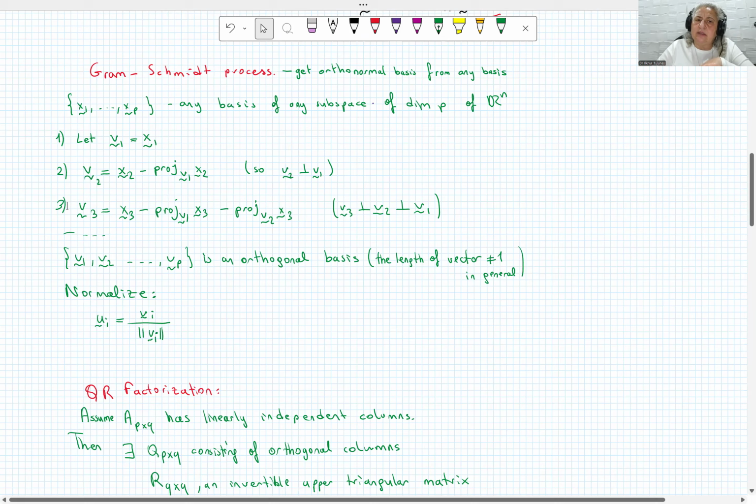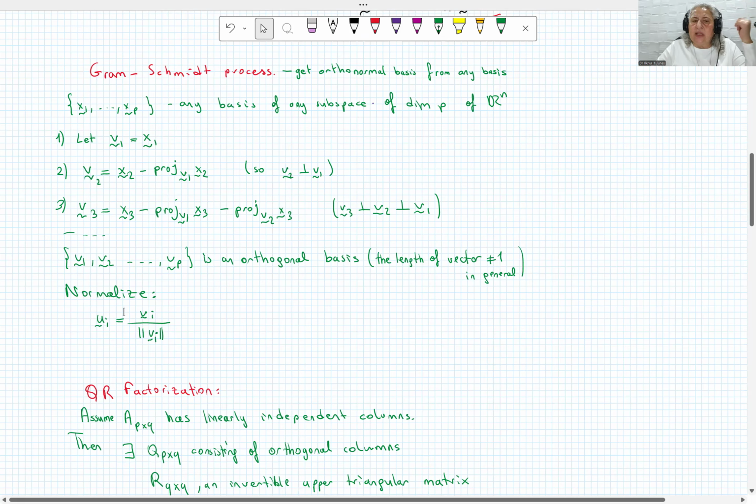When you calculate this vector, you will find a vector perpendicular to v2 and v1. With this kind of process, whatever the dimension is, you will find an orthogonal basis, which means all of those vectors are perpendicular to each other, but the length of the vectors may not be 1.